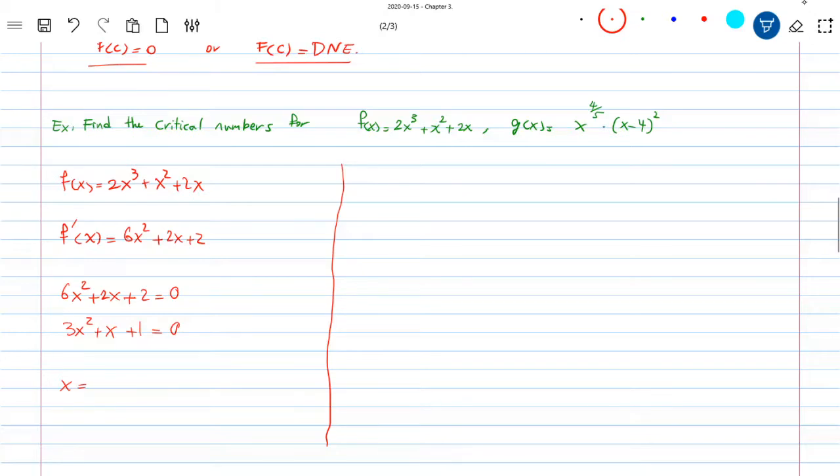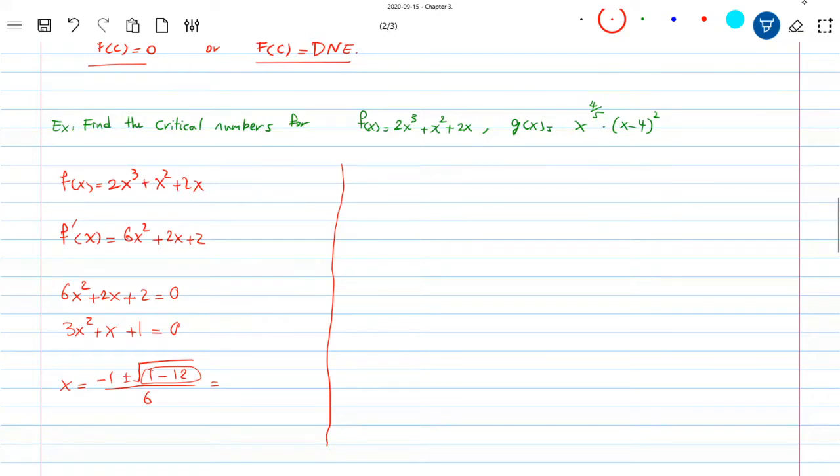x is minus 1 plus or minus the square root of 1 squared minus 4 times 3 times 1, which is 12, divided by 6. Okay, so in this case, under the square root is a negative number.